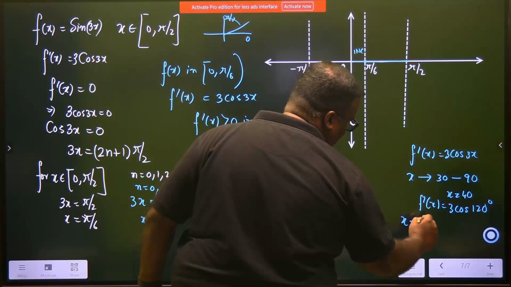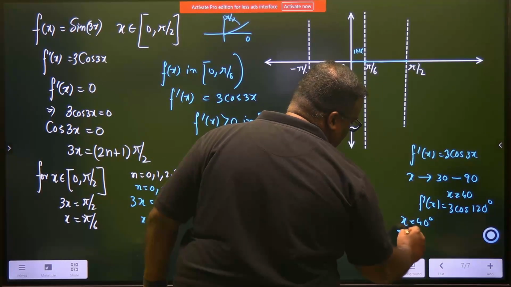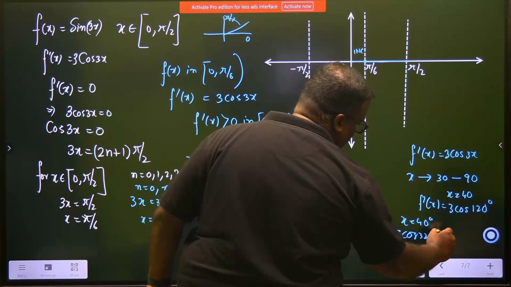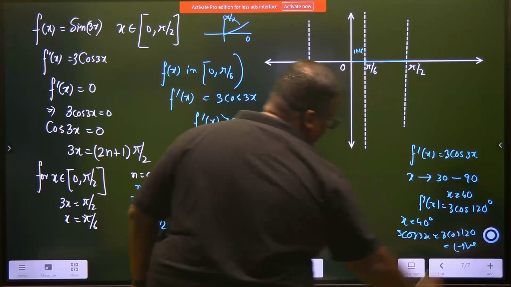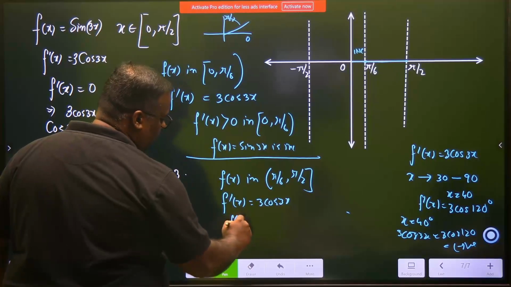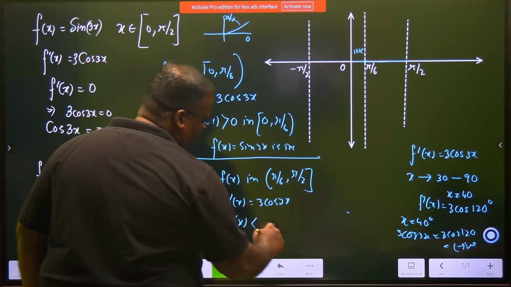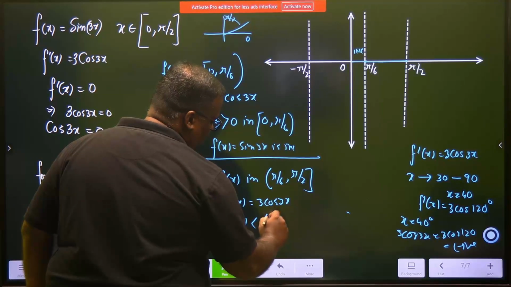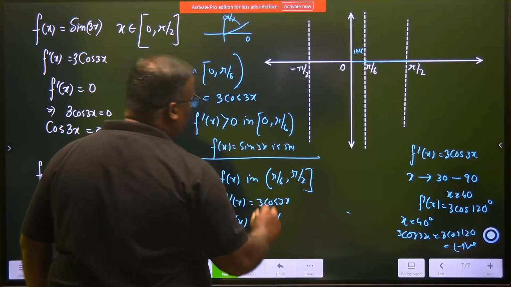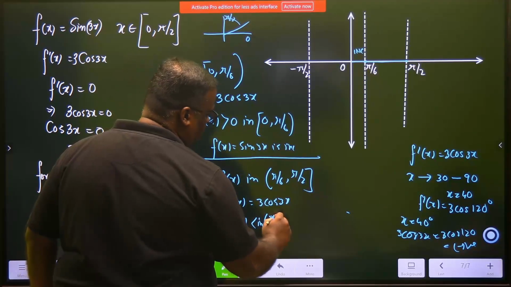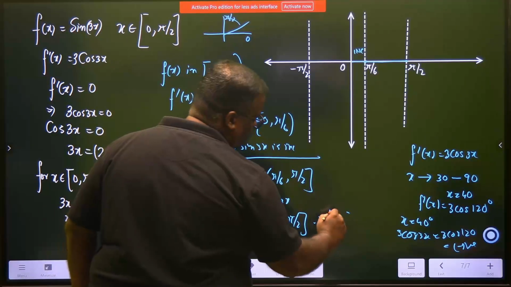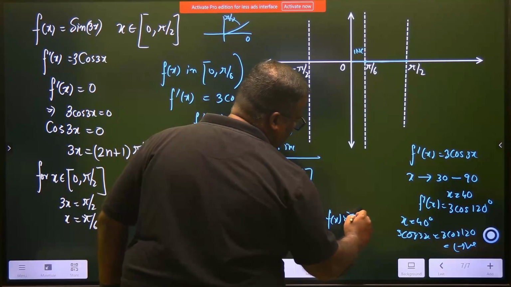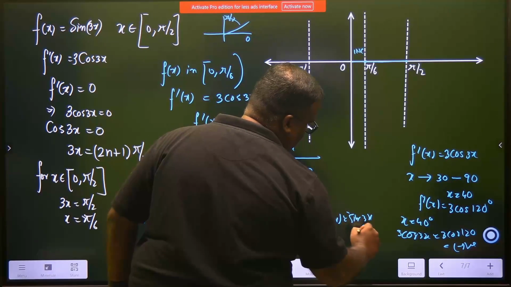If x is equal to 40 degrees, then 3 cos 3x is equal to 3 cos 120, which is negative. So f dash x is negative in pi by 6 to pi by 2. Therefore f(x) equal to sine 3x is decreasing.